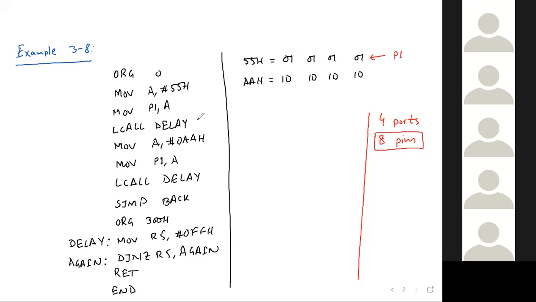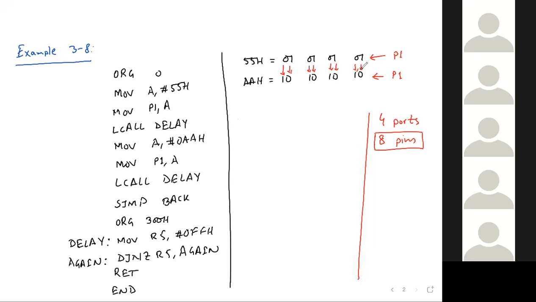Then after a specific time delay, we have the value 0AAH, that is this value. After a specific time delay, you are sending this value to port 1. So what is happening? Each pin is being toggled to the opposite value.